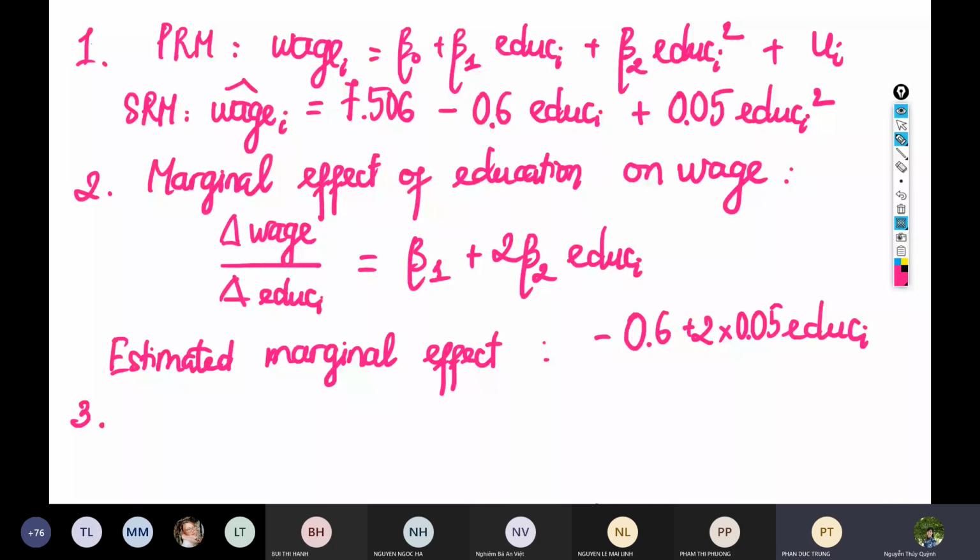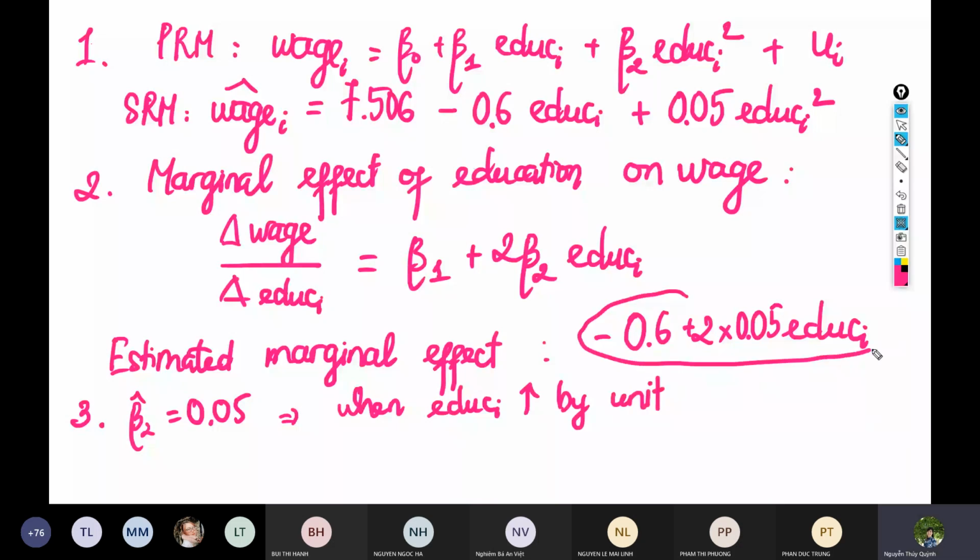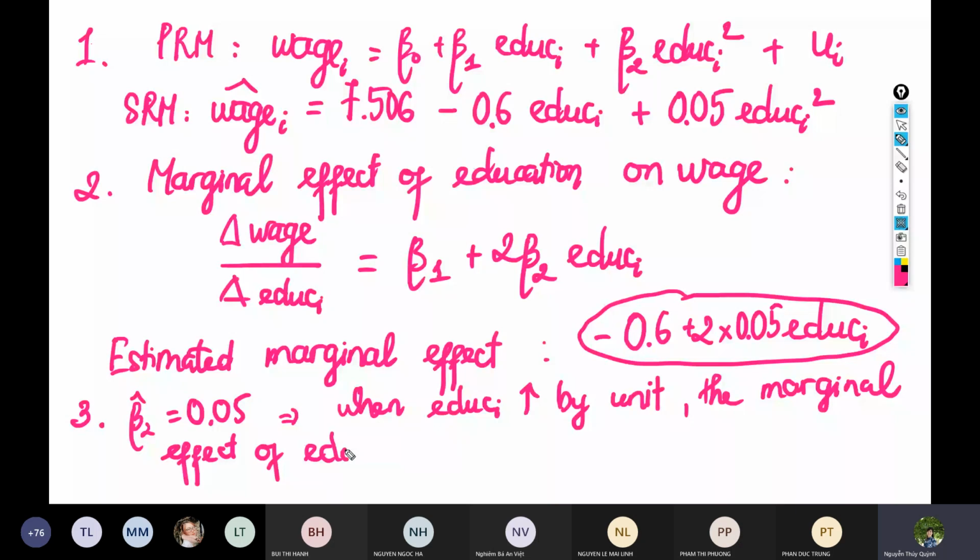So the meaning of beta 2 hat here equals 0.05 suggests that when education increased by 1 unit, the marginal effect of edu on wage will increase by 2 times 0.05 unit.